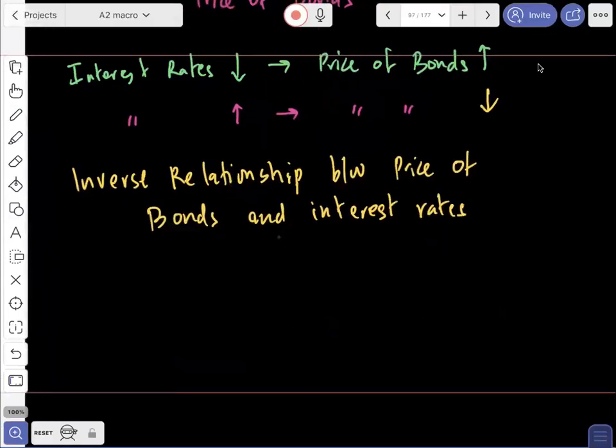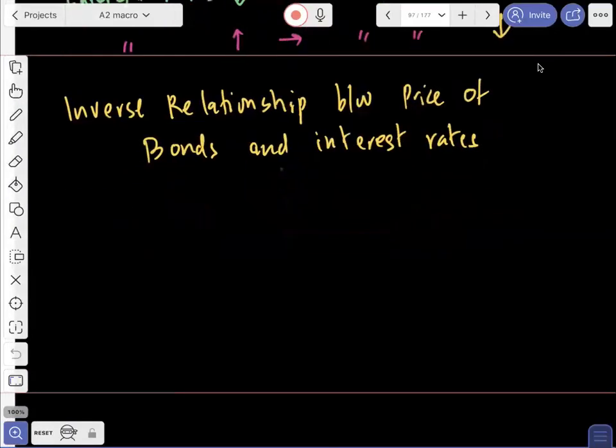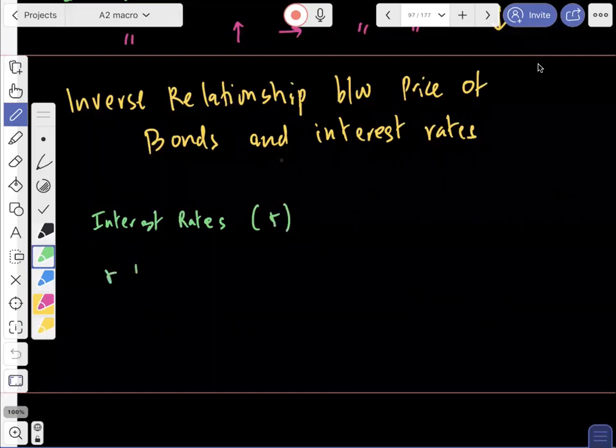Let's look at it before we look at our notes. From now onward, we say interest rate as R. Let's say the interest rate falls to 5%.